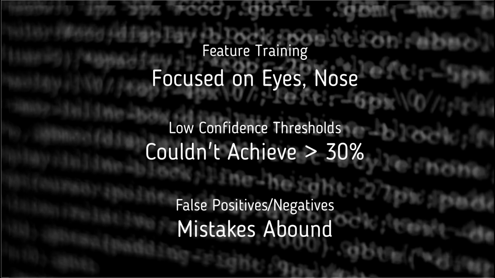Unfortunately, this didn't yield any fruit, as we couldn't achieve a confidence threshold of greater than 30%, and there were a ton of false positives on the other animals and false negatives on Mr. Bear himself. So I chose to abandon that approach.